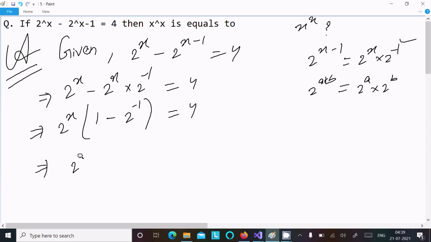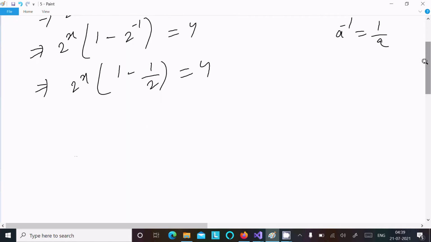Now, 2^x times (1 − 2^(−1)). Here a^(−1) is equal to 1/a, so 2^(−1) is equal to 1/2, equal to 4. After that, 2^x, take the LCM 2, so we get (2 − 1)/2 equal to 4.